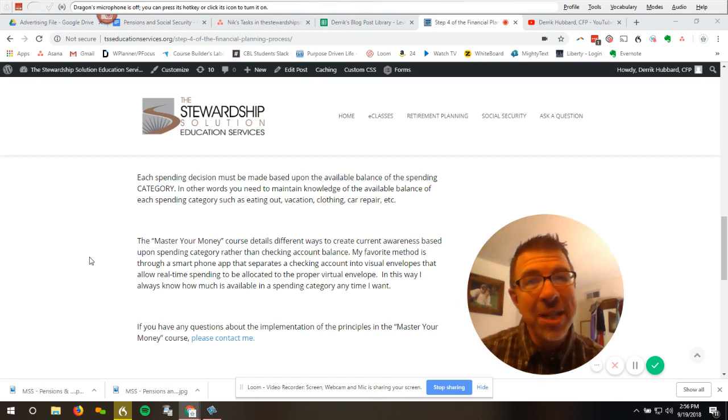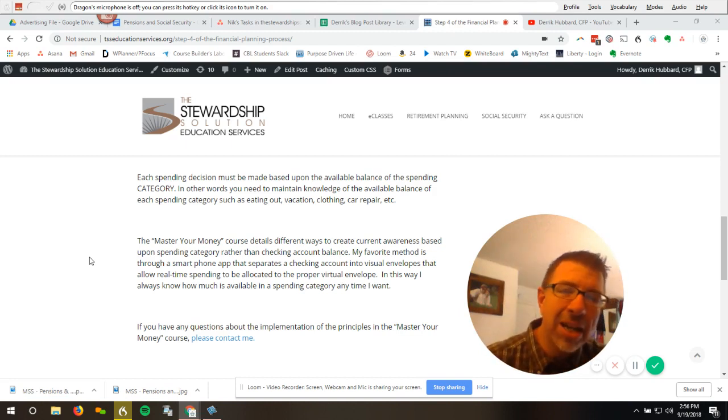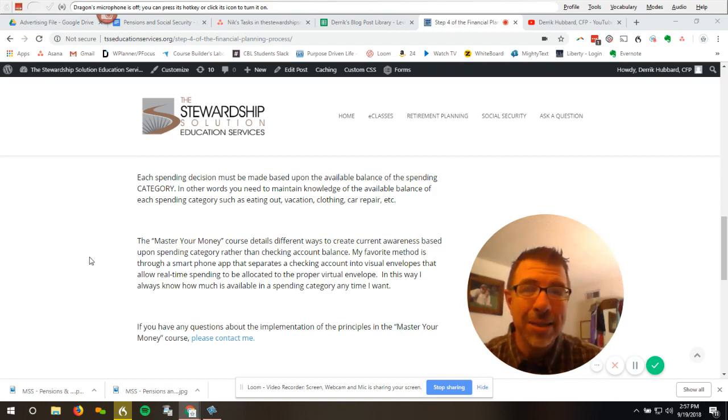Once it's visually separate, then you can see when money is coming out and when money is going in. And you can see what the actual balance is over time. And you can only do that if you can visually separate one from another category.